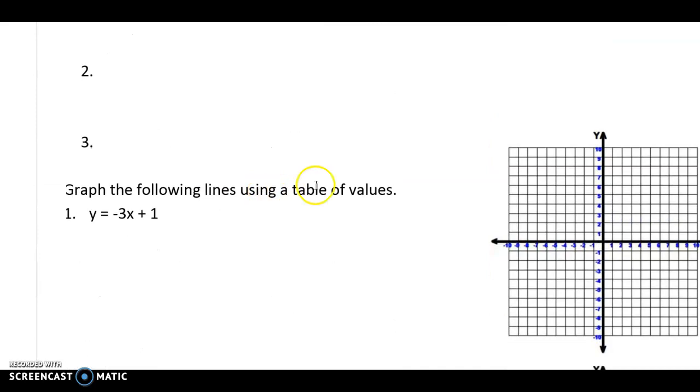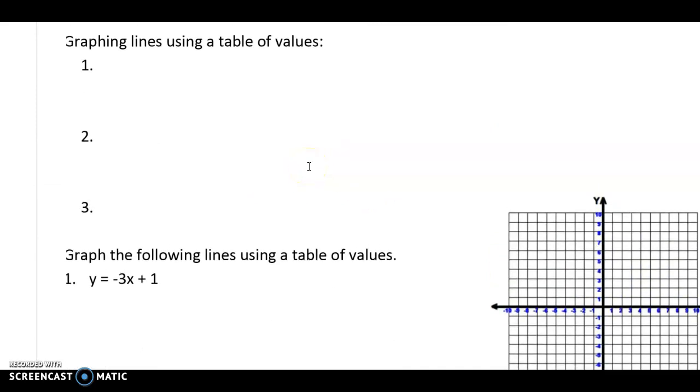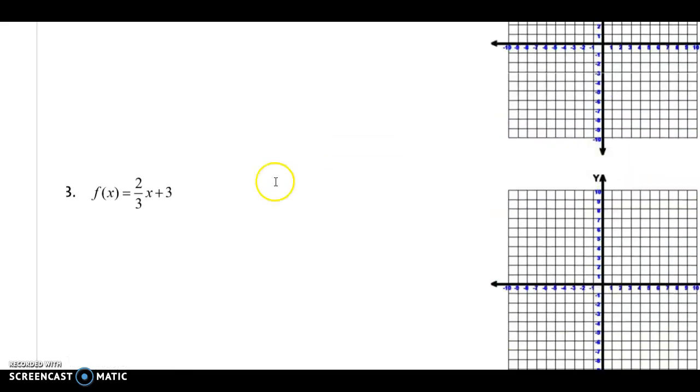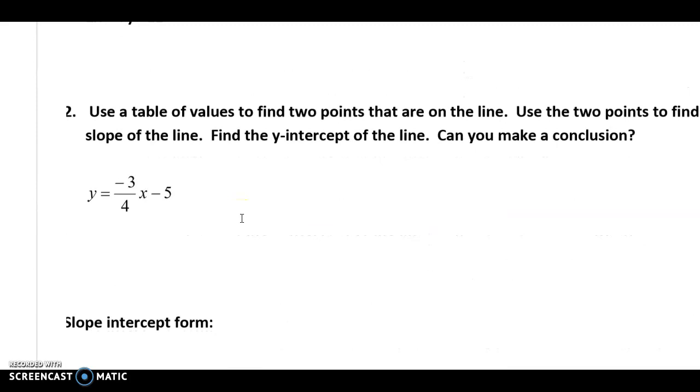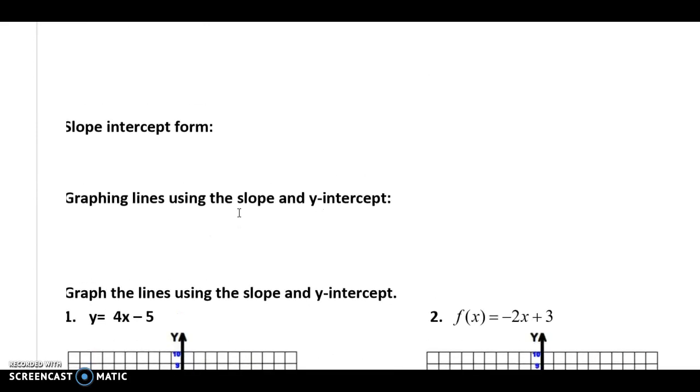So now, we could use a table of values, but the curriculum actually wants you to start somewhere else. So we're actually going to scroll down here, and we're going to go to this one. Slope-intercept form. So slope-intercept form is y equals mx plus b. Now what you have to understand here is m represents the slope of the line, and that's what you did yesterday.